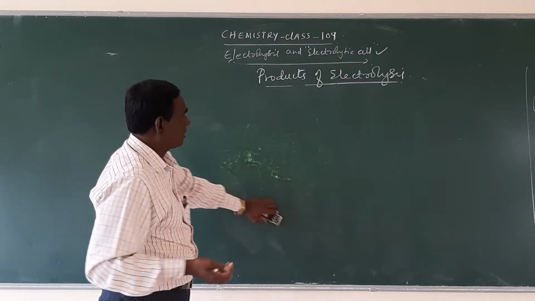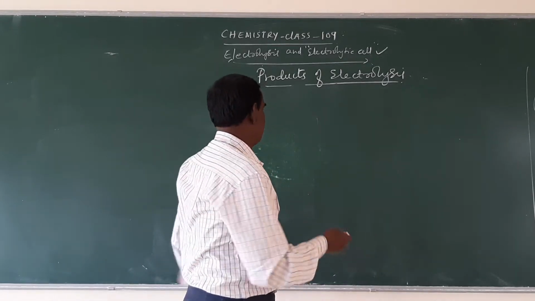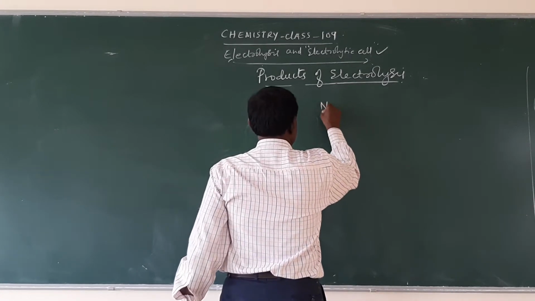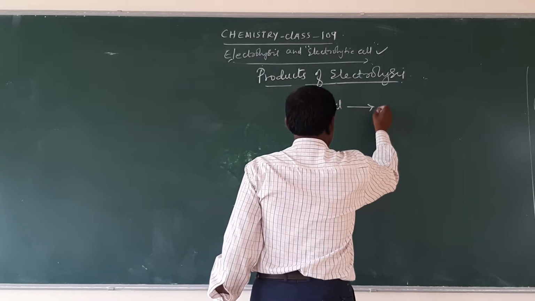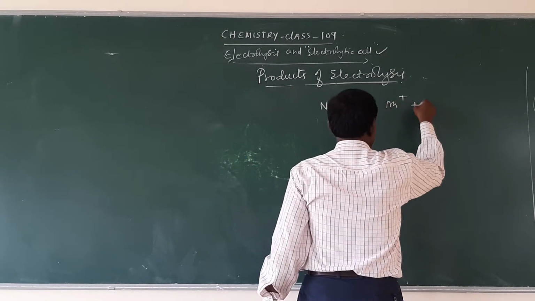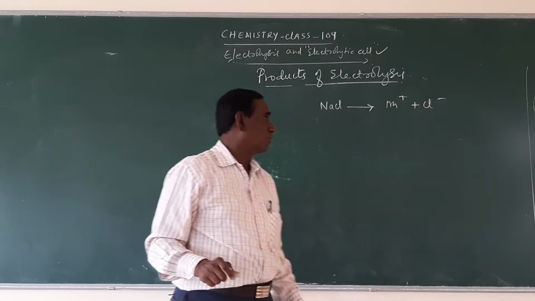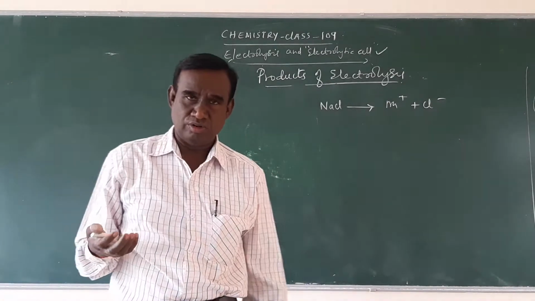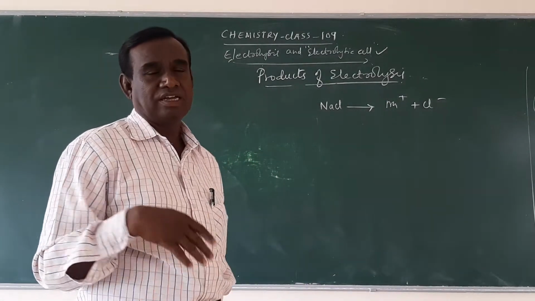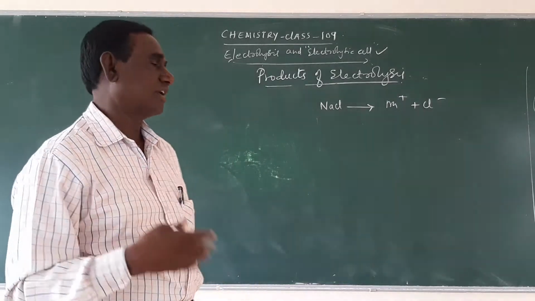Generally, for example, when NaCl is subjected to electrolysis, we know that Na plus and Cl minus give chlorine gas at the anode and sodium metal at the cathode.